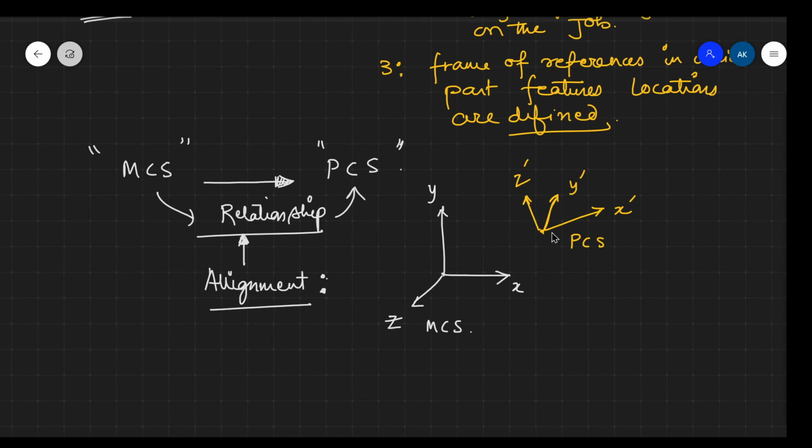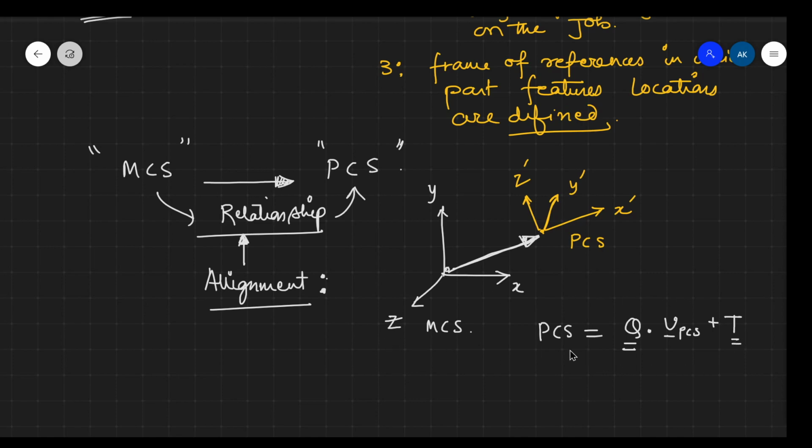So you can see these two coordinate systems have to have some relation, and if you have studied CAD, then you must know that they are connected by some rotation matrix times your vector in the part coordinate system, plus some translation.